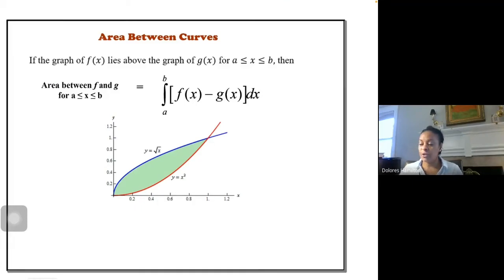Now we've come to the calculator portion of this section, and that is finding the area between two curves. And we're going to use the information that we already know.